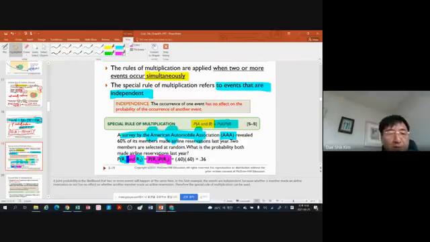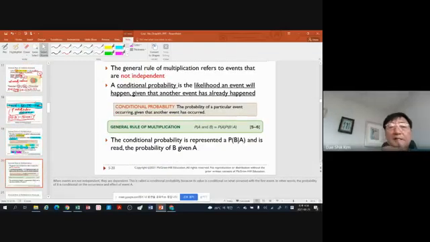So you need to keep in mind, if two events are independent, then P(A and B) is P(A) times P(B). You need to understand this one. Next is if two events are not independent.